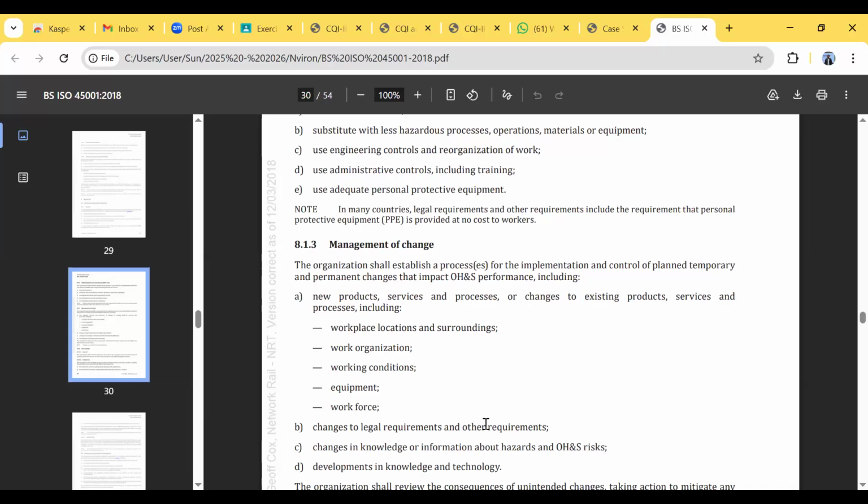Sir, here the observation we raised is that first aid kits are not available in the high risk areas of the plant. But what they did is they purchased them and kept them in the stores. See, you have given this NC first. As auditor, you have to accept your stand first under management of change. So 8.1.3 C, changes in knowledge or information about hazards and OHS risks, you have given.